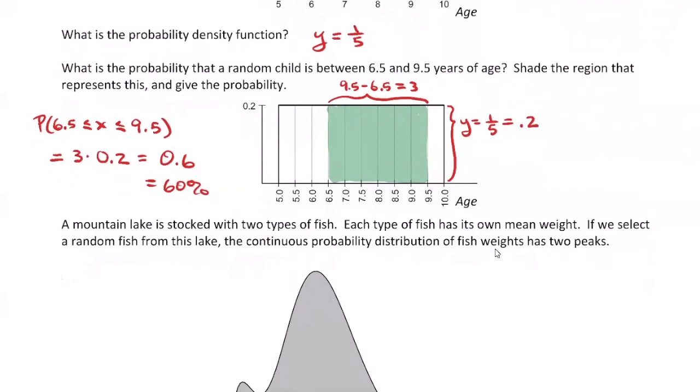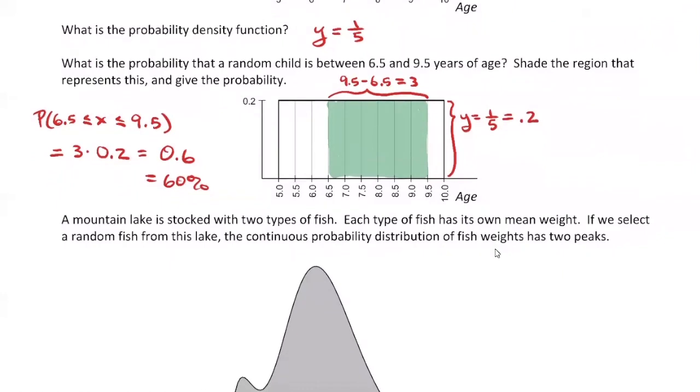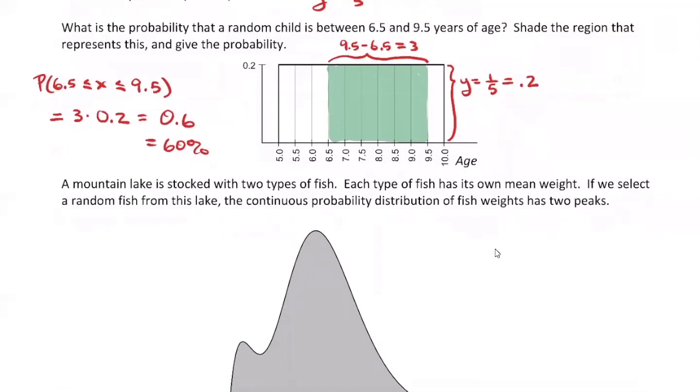Okay, and that's just, 60% of that rectangle is shaded. So that's the probability, 60%. Okay, I'm going to pause for questions.